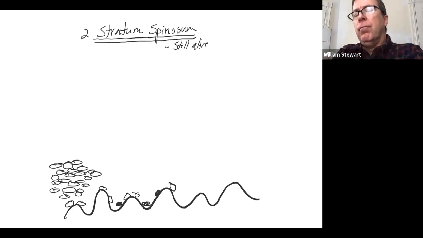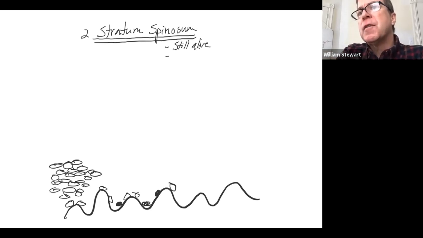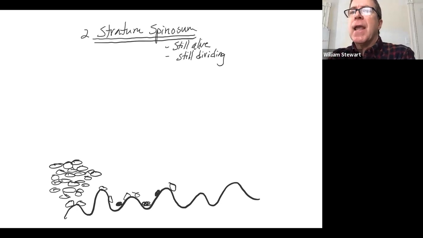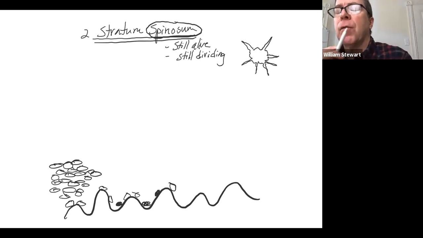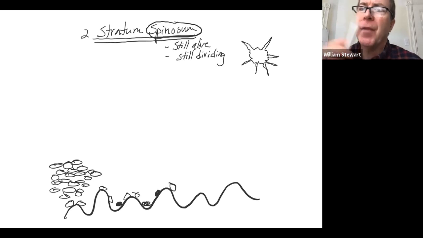And I'm going to put the cells are still dividing in this area. It gets its name spinosum because the cells appear as though they have these spikes coming out of them like this. When you look at them under high microscopy, they look spiny or spiky. That's where the name spinosum comes from.